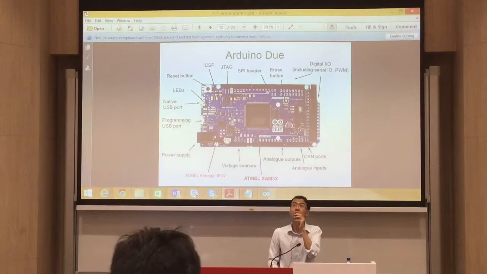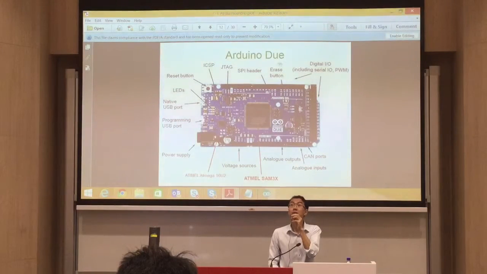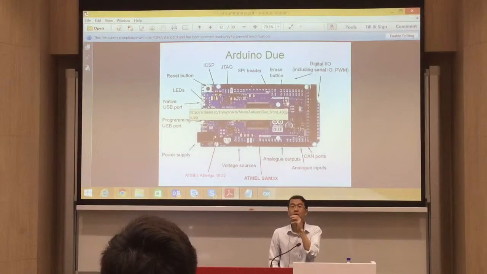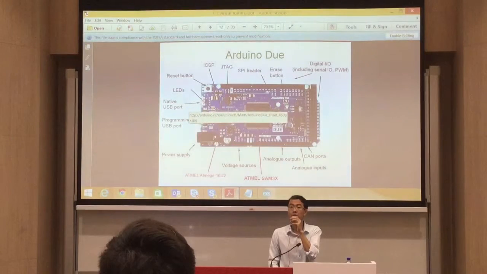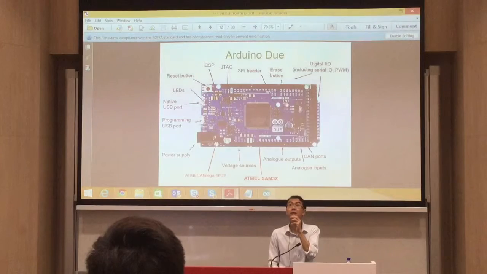We use this programming port to send a program to this board. And this is the erase button we discussed earlier. Once you press this button, the program you sent to this board is erased, so the board will revert back to the original state.